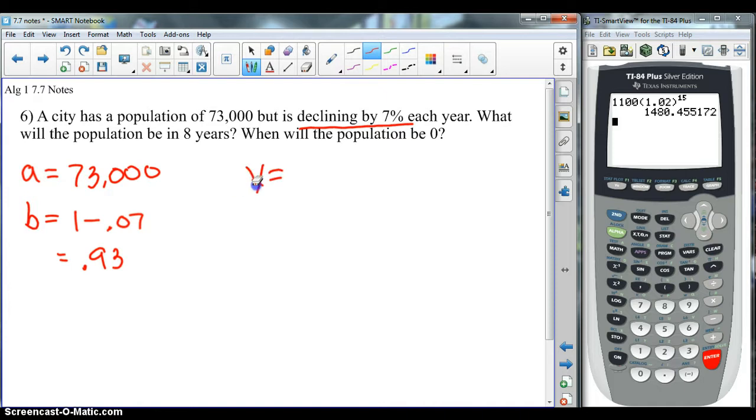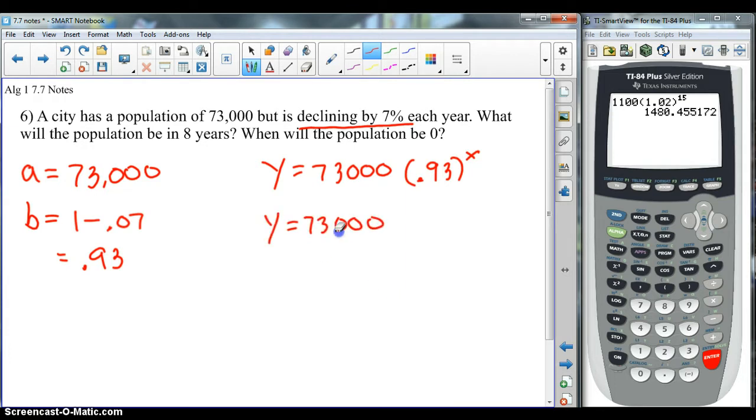Y equals 73,000 times 0.93 to the x, where x represents 1 year. Now in this case, we're trying to find out what the population would be at the end of 8 years.